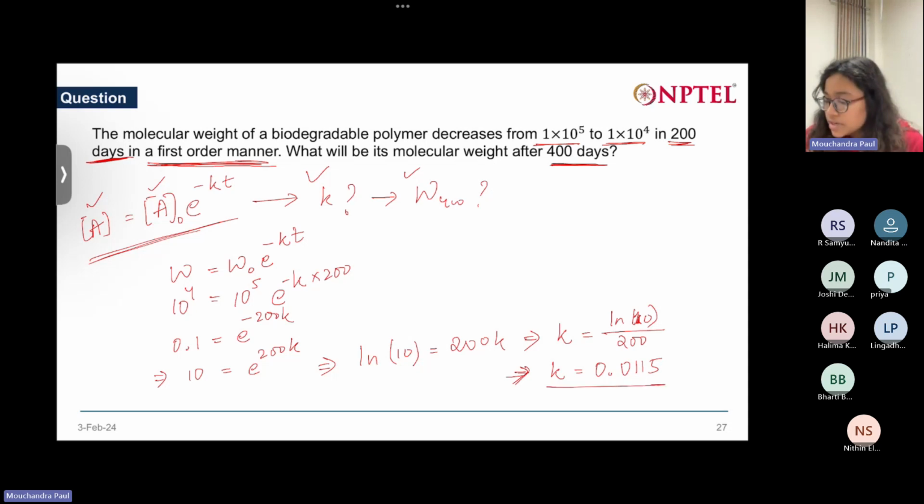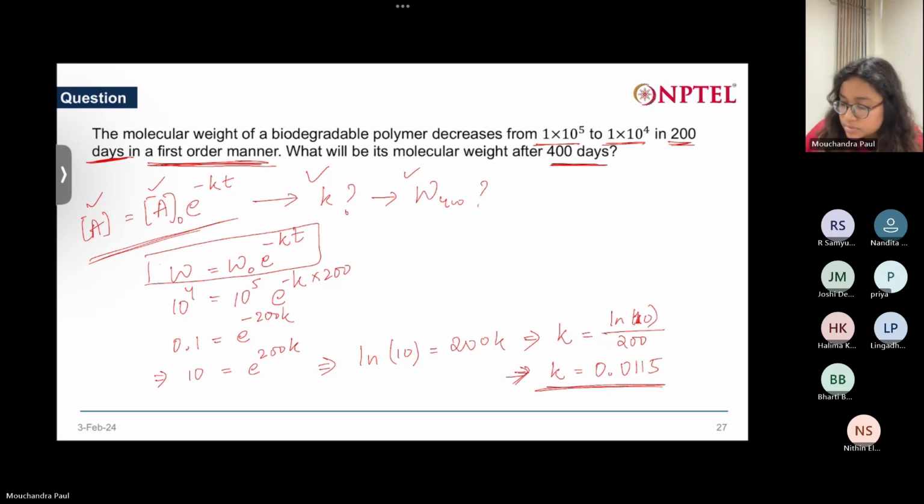So this rate constant we have calculated. Again, we will look at this particular expression. In the next part, we have to figure out the W value. We don't know this. We know W naught, the initial weight.